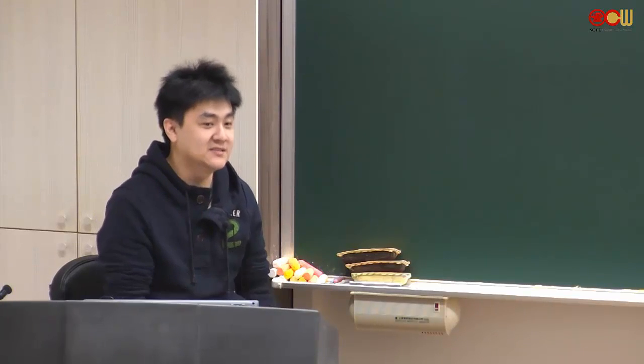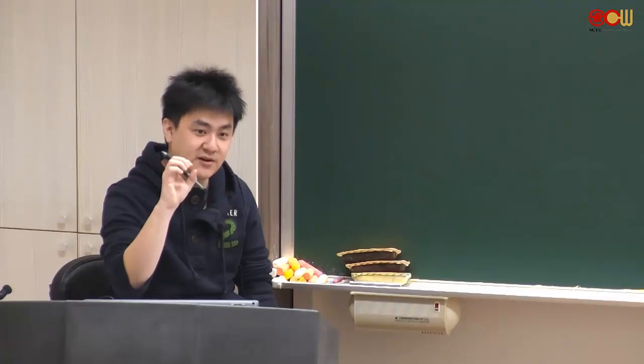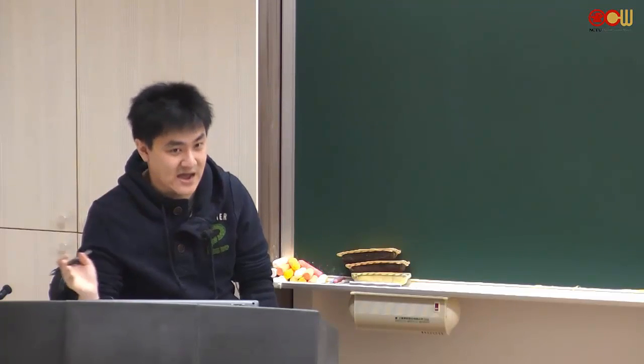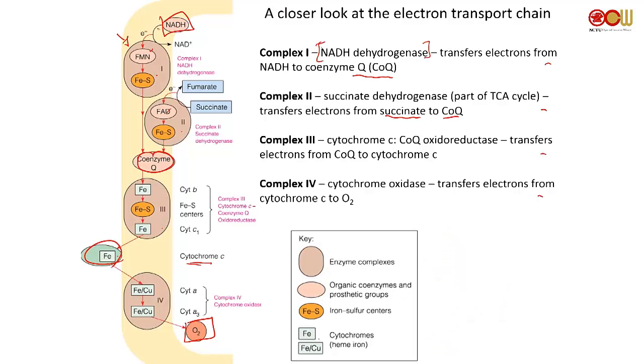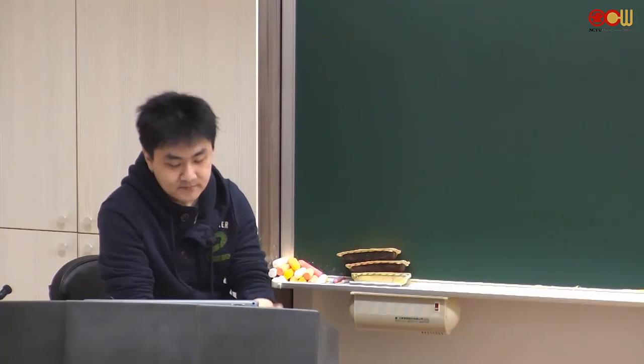Inside of these enzymes, there are multiple centers for electron passing reactions. So it's not one step going from NADH to coenzyme Q. It's actually multiple steps. You're passing the electrons from, let's say, the surface of the protein and then into the protein and then eventually on to coenzyme Q.